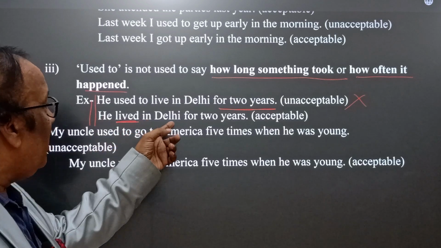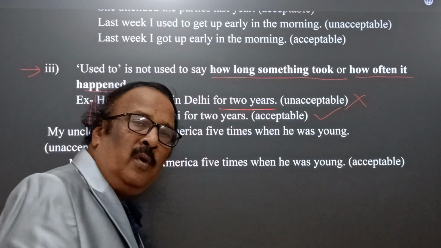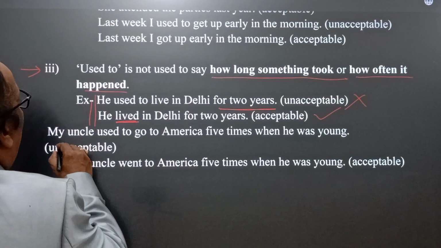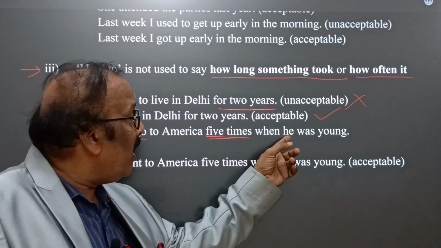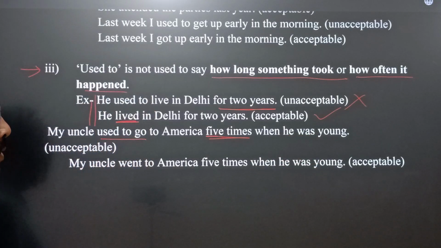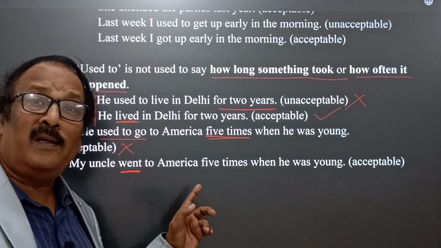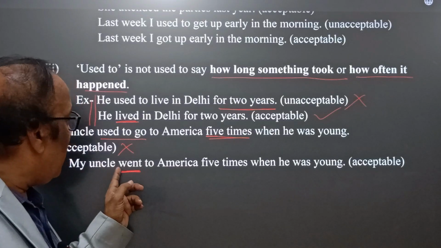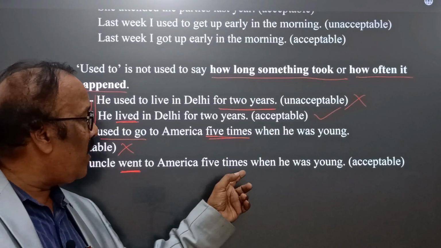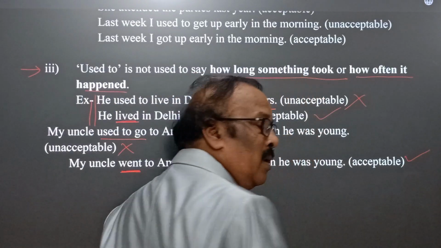He lived in Delhi for 2 years. This is acceptable and therefore right. Another: my uncle used to go to America 5 times when he was young. This is unacceptable, wrong. In this case, simple past is used. My uncle went to America 5 times when he was young. This is acceptable and right.